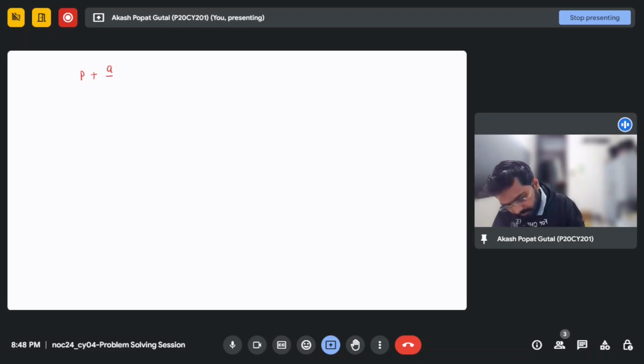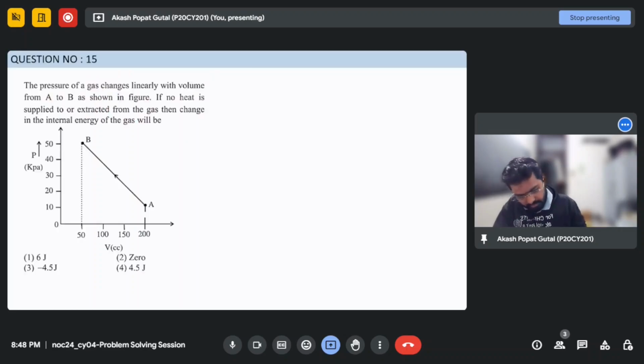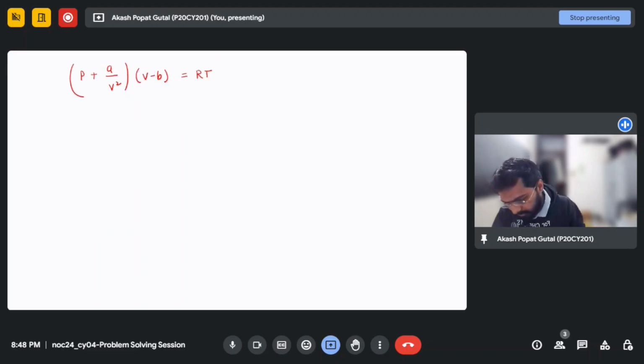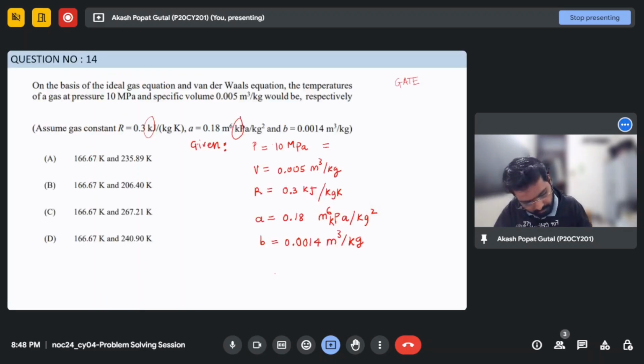We have the van der Waals gas equation, P plus a by v square, into v minus b, is equal to RT. And we just need to find out the temperature. So put the given values. 10 into 10 raised to 6 Pascal, nothing but 10 raised to 7 Pascal.